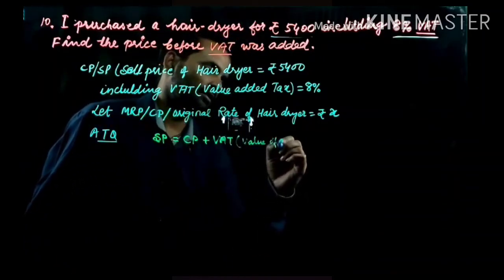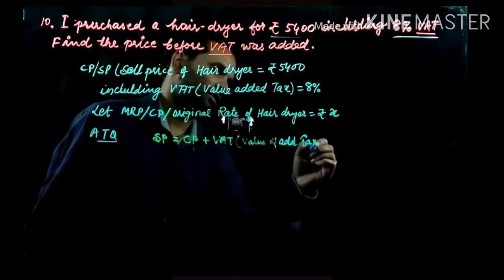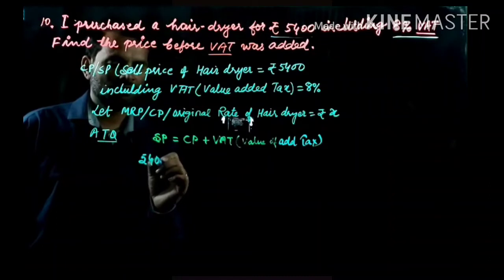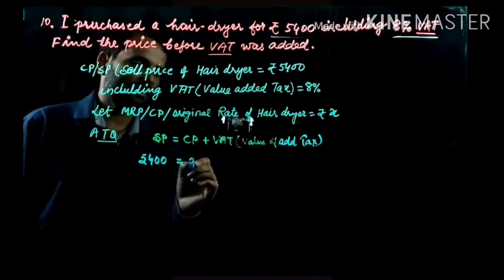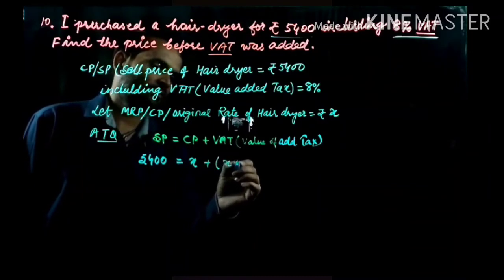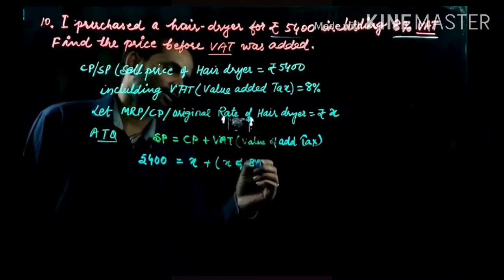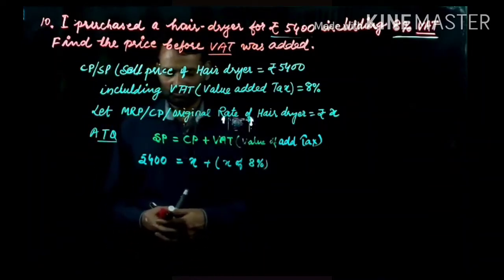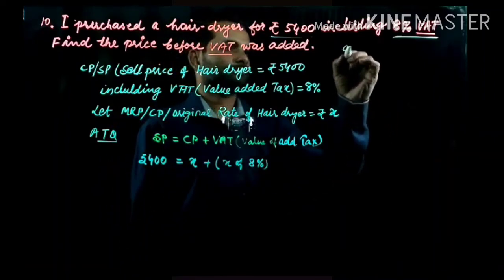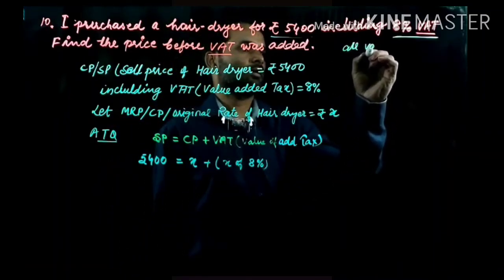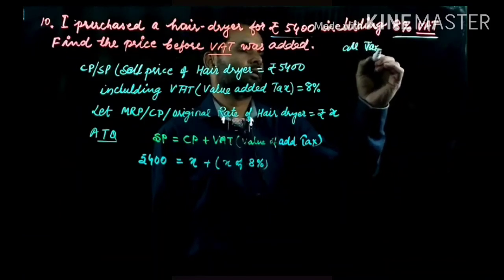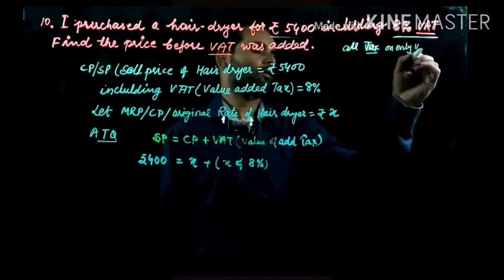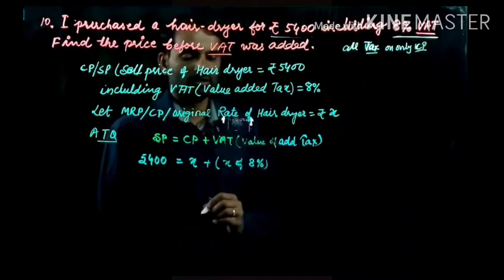The SP is given as 5400, CP is X, plus X of 8%. X of 8%, and all tax is on only the CP.